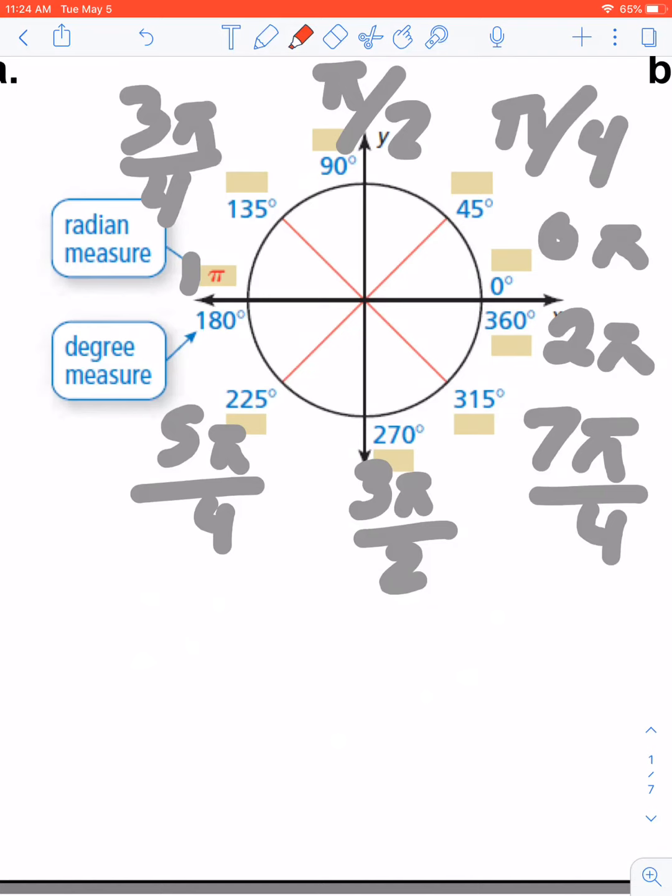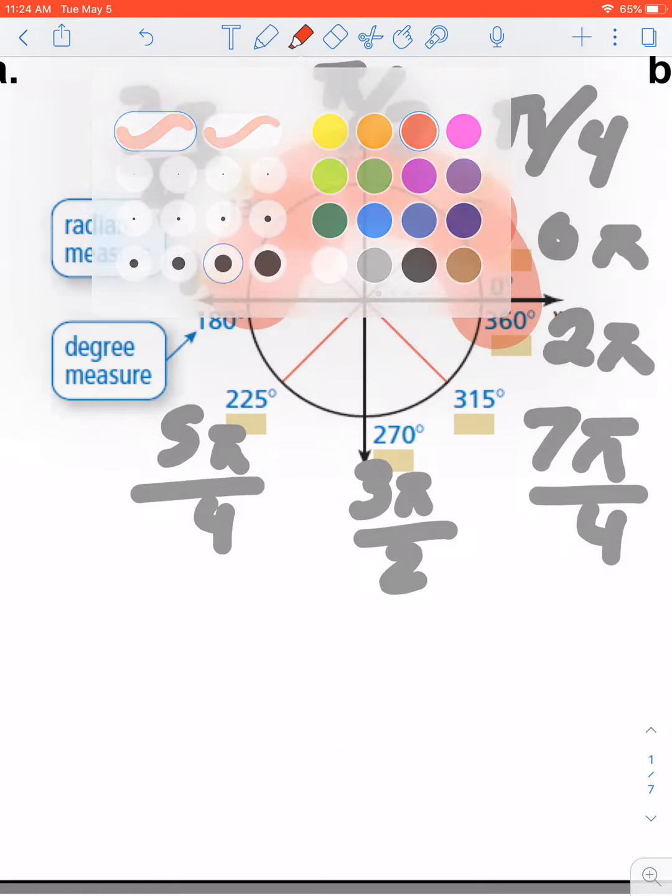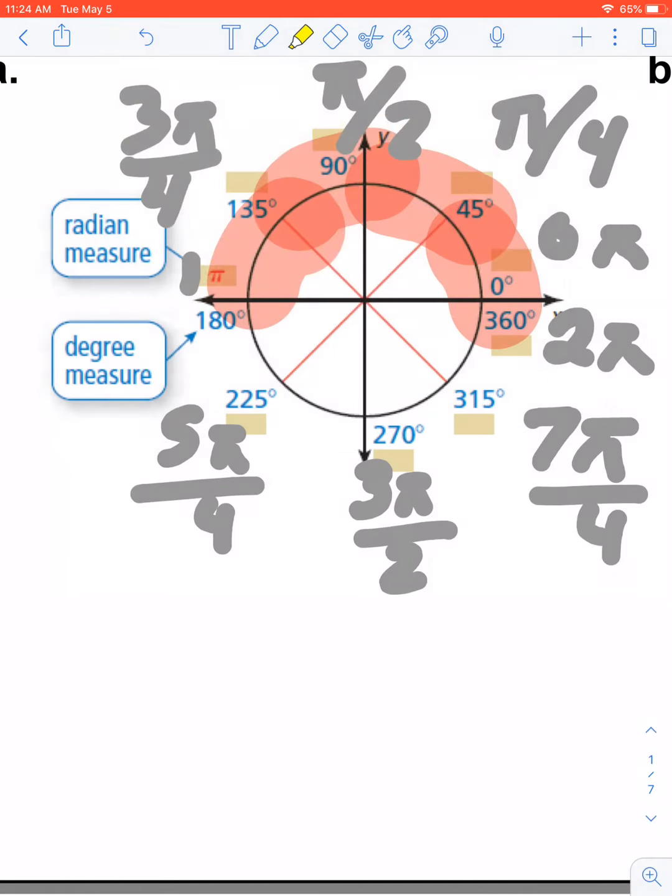So, how can I do that instead of having to multiply everything out every single time? Well, think about it. We know that all the way around the circle is 2 pi. We also know that halfway around the circle is 1 pi. Well, we're just dividing each half circle up into fourths. So this is 1/4 pi, 2/4 pi, 3/4 pi, 4/4 pi. We're halfway around, which we know is 1 pi.